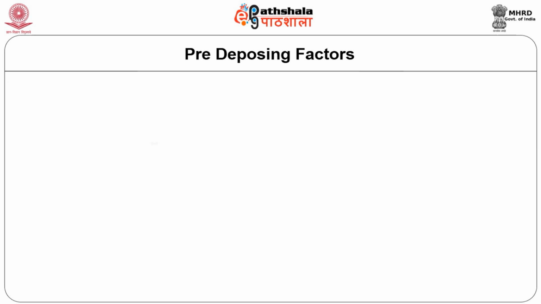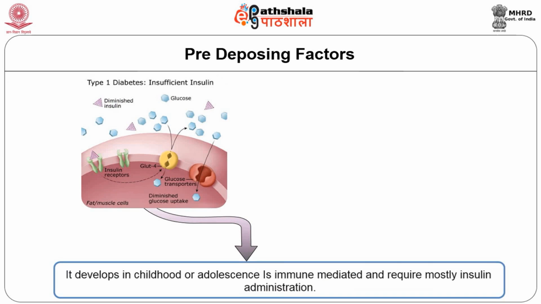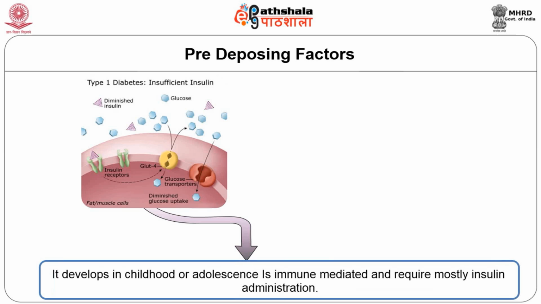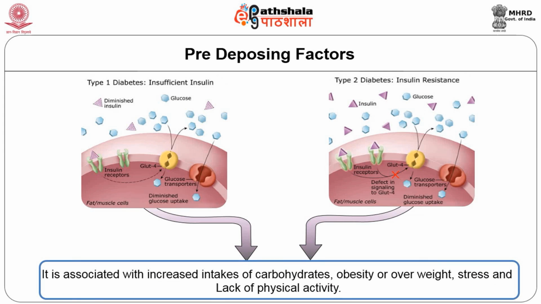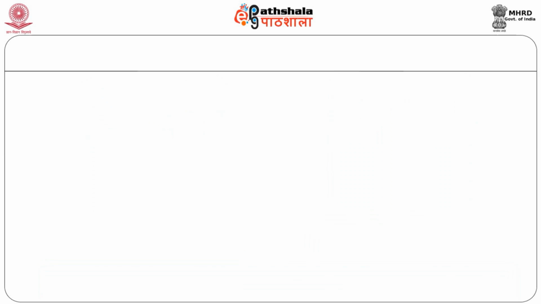Predisposing factors for type 1 are that it is mostly genetic based and immune mediated and requires insulin administration. Diagnosis is often done in childhood itself. Type 2 is associated with increased carbohydrate intake, obesity or overweight, stress, and lack of physical activity.